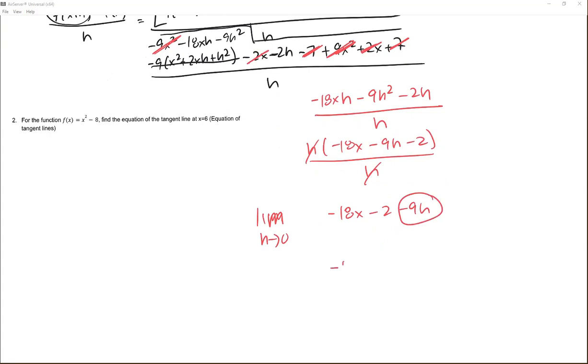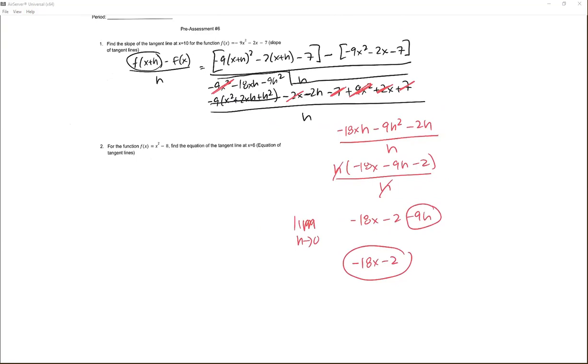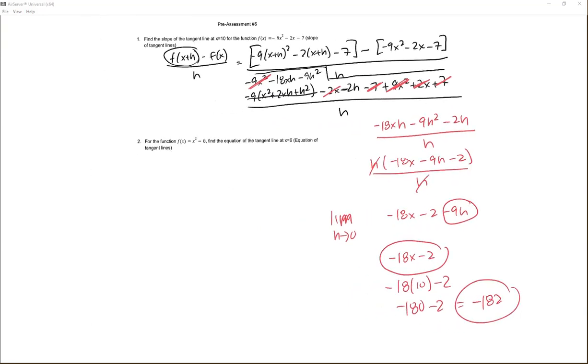So this is -18x minus 2. That's the derivative right there. Okay, and then all you have to do is just plug in 10 for the x. So it'll be -18 times 10 minus 2, which is -180 minus 2, which is -182. You guys get that? Yes. Okay, good.